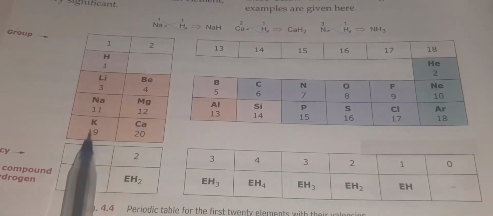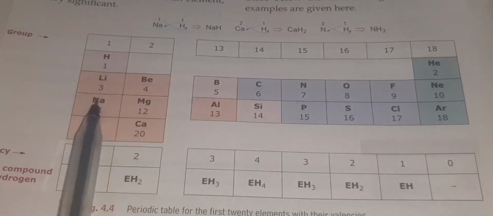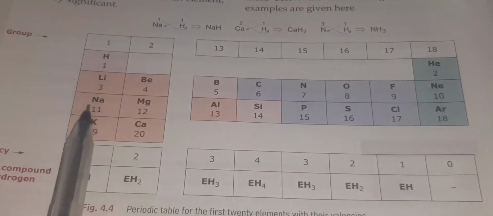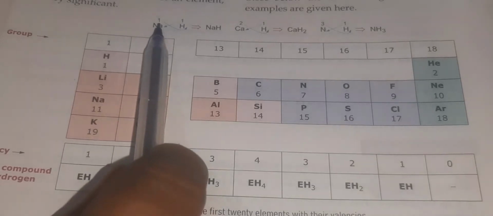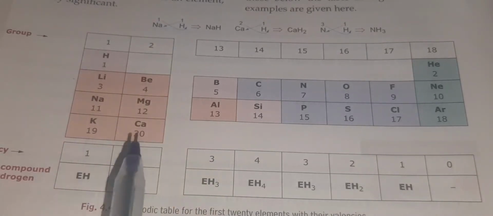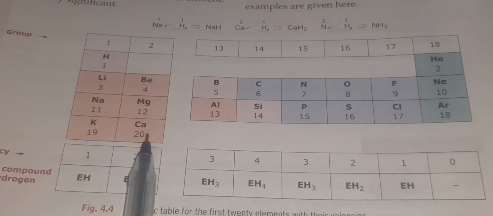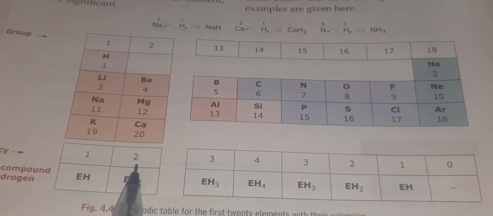Now the elements in a group have a common valency. For example, group number 1: all the elements present in this group have valency 1, like sodium. Elements in group 2 all have the same valency, which is 2.